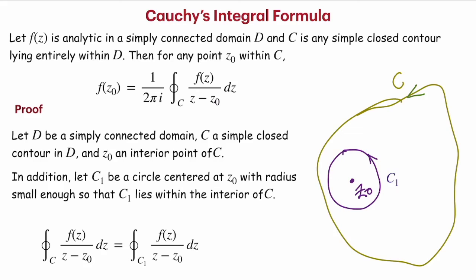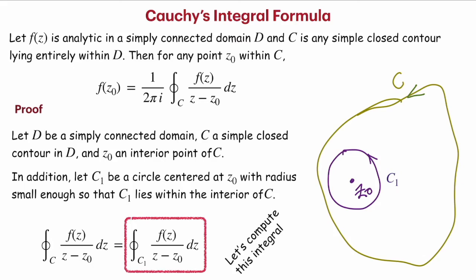Let's write this as the integral over contour C of f of z by z minus z0 dz, done as an integral over contour C1 of f of z divided by z minus z0. This is simply applying the earlier Cauchy's theorem. All we have to do now is integrate the function f of z by z minus z0 over the circle C1.